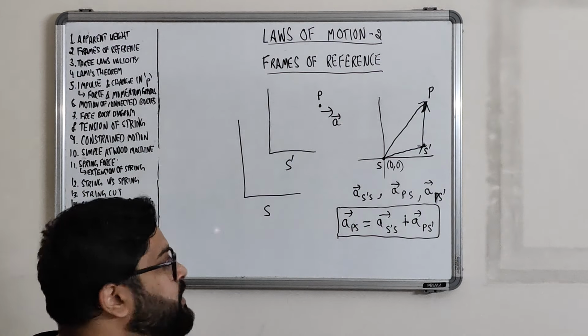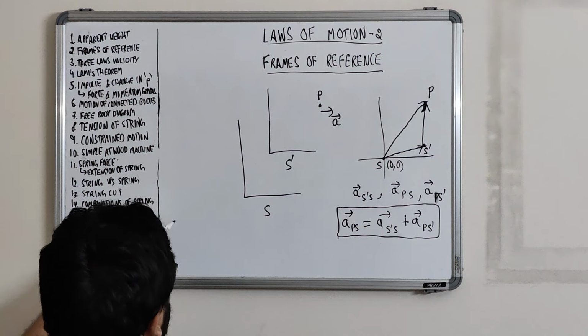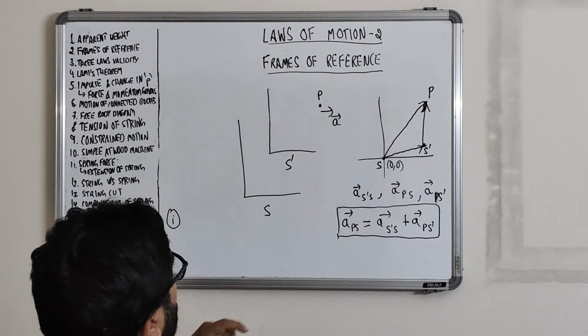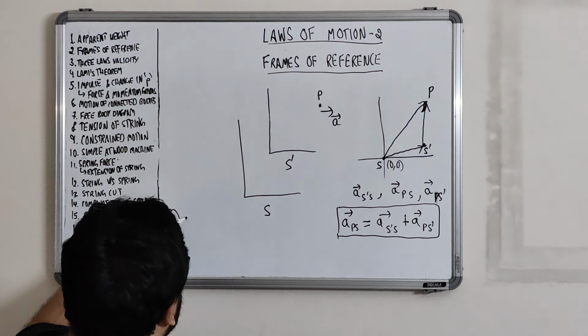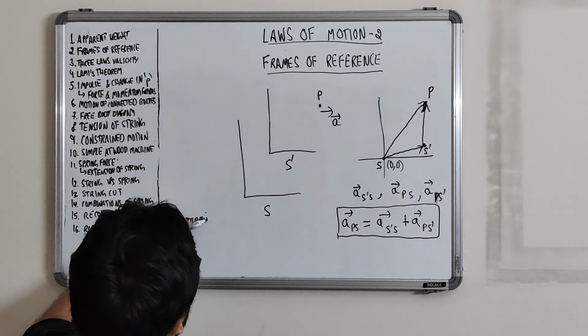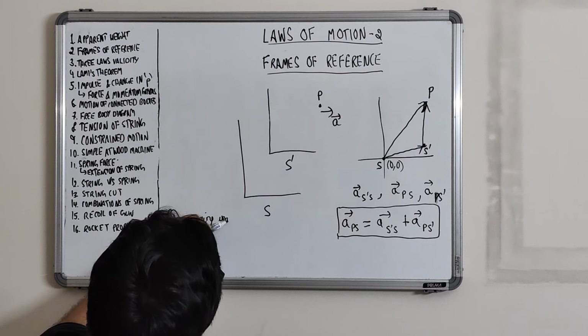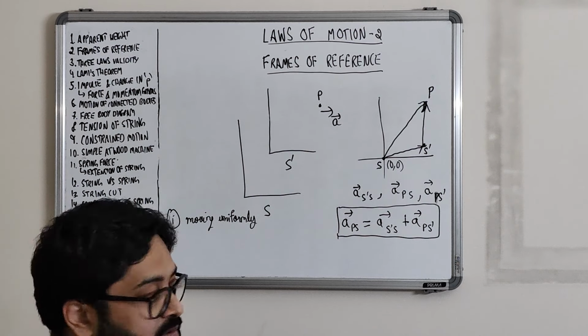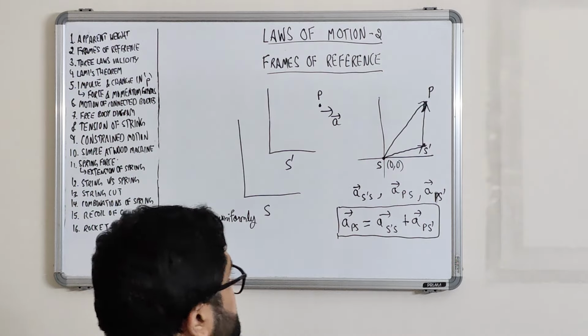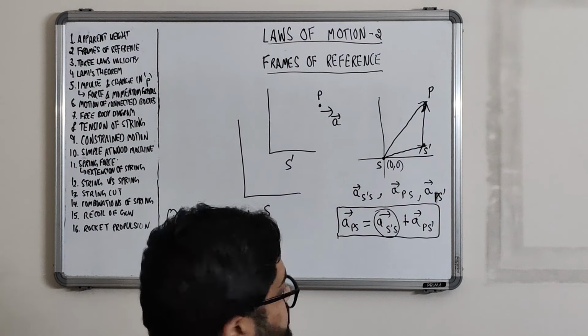Now we'll take two cases. When S dash is moving uniformly according to S, then this value becomes 0.